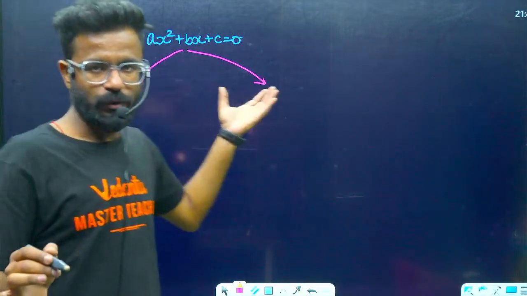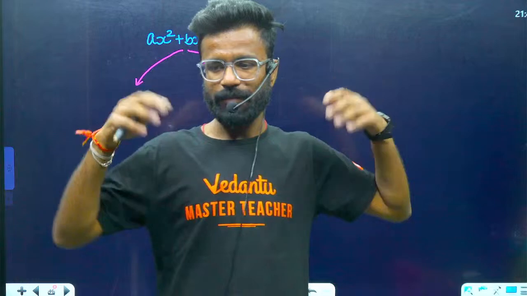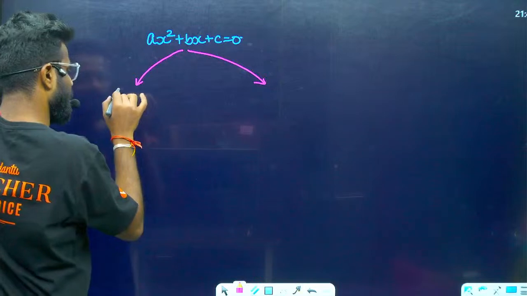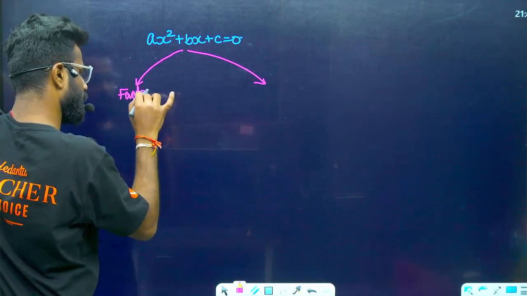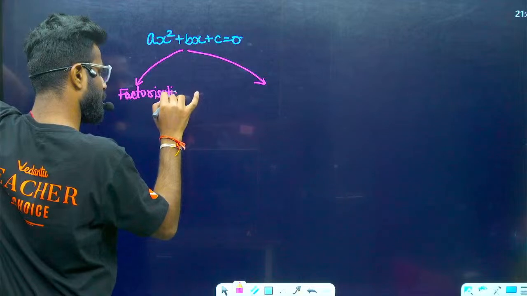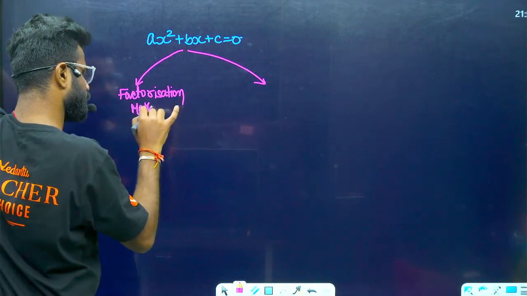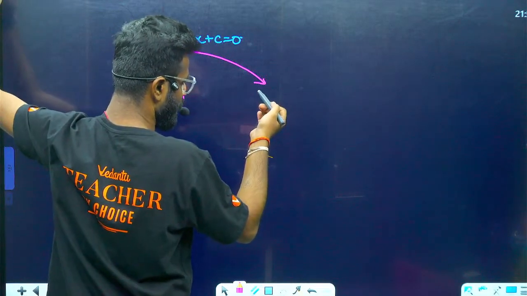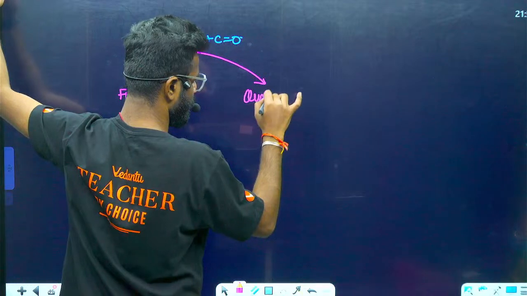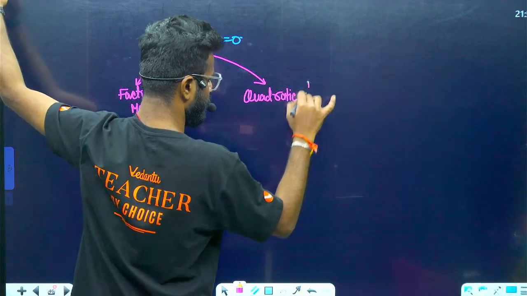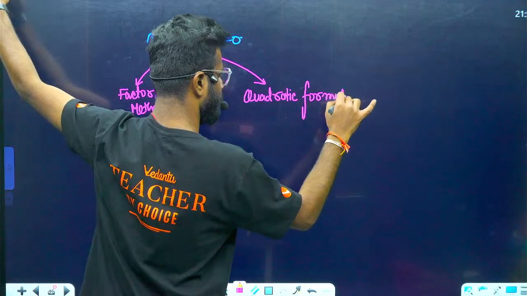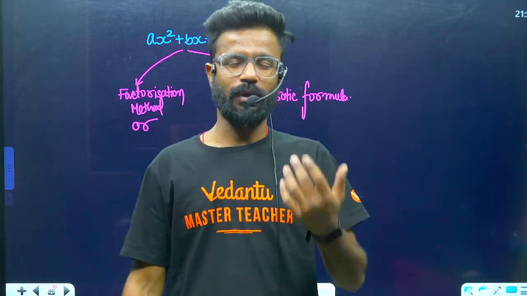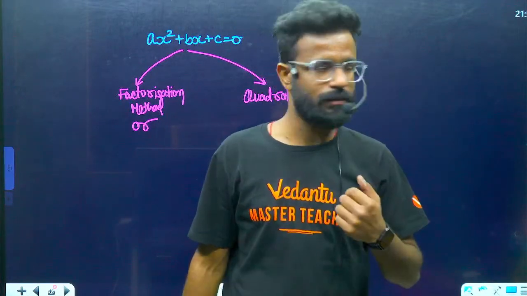To solve quadratic equations, you must know two methods: the factorization method, or splitting the middle term, and the Sridharacharya formula or quadratic formula. But before applying the quadratic formula, if you want to check its nature, you can use the discriminant.